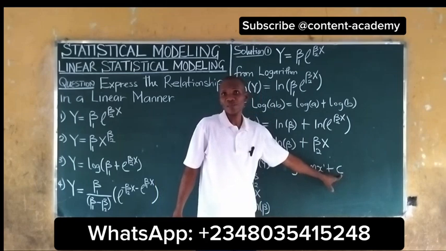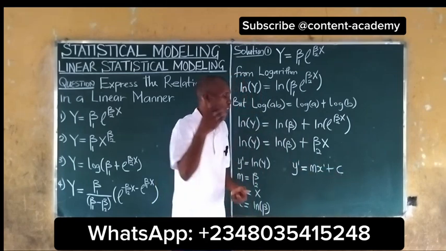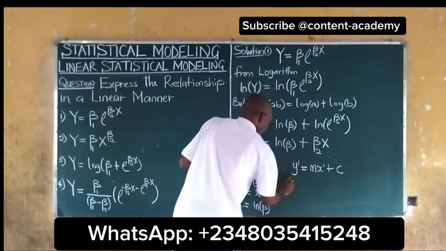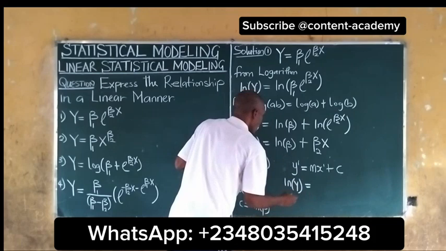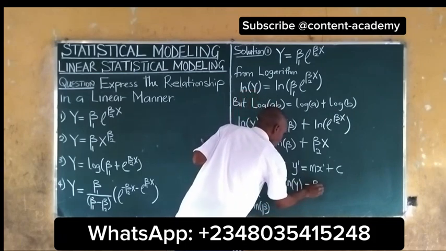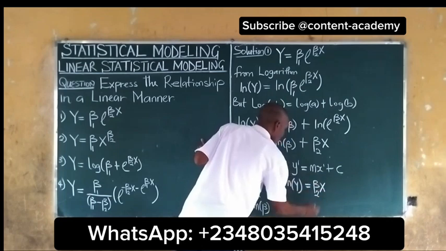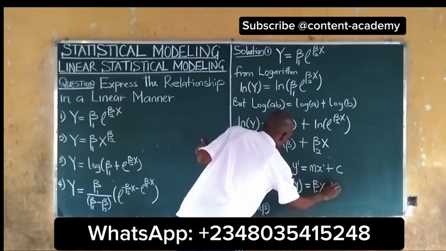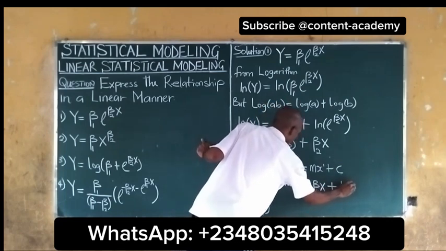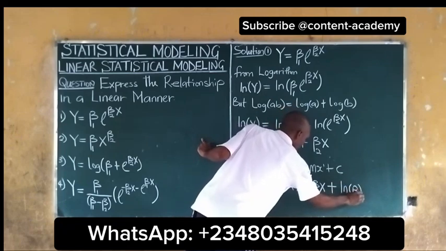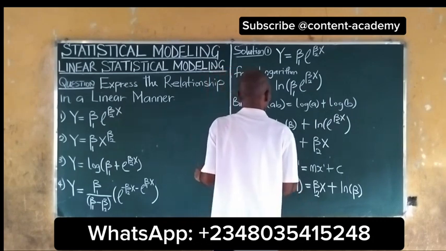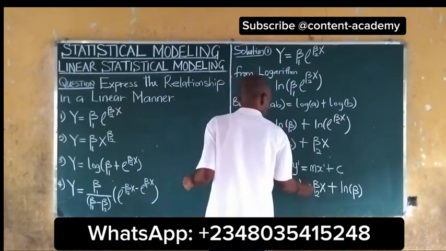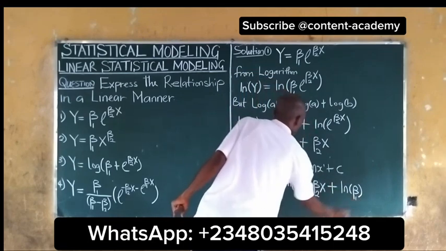c is the intercept. Just like the regression equation, we can still write it as ln y, which is our transformed linear model, equal to b2x plus ln b1.